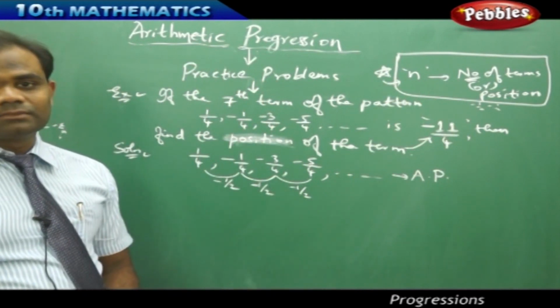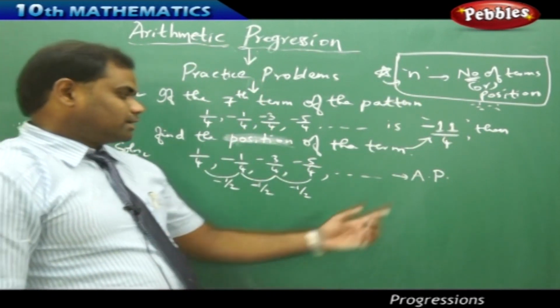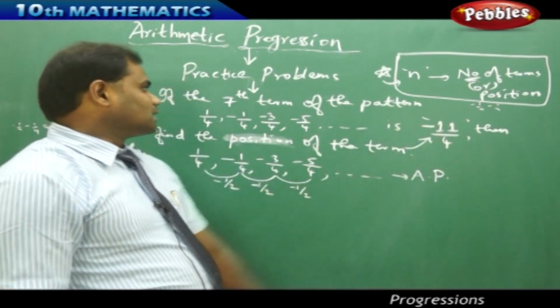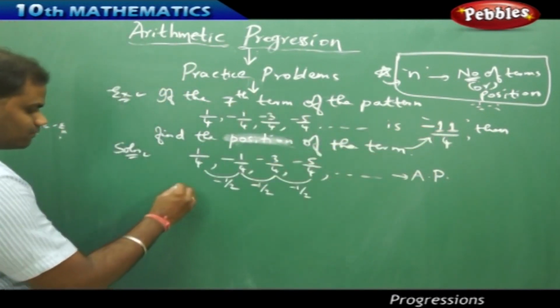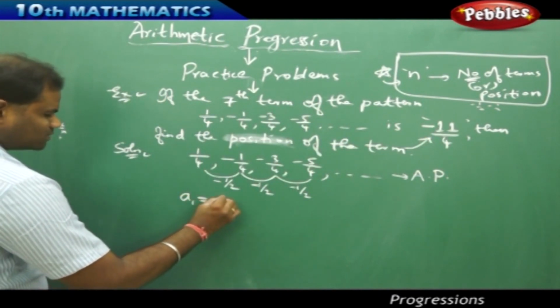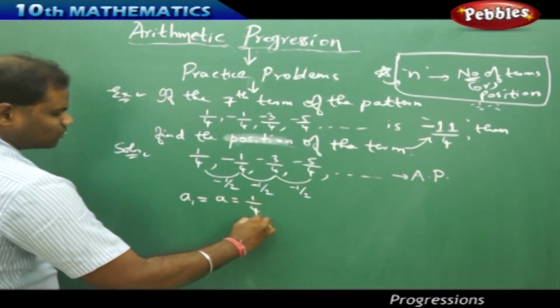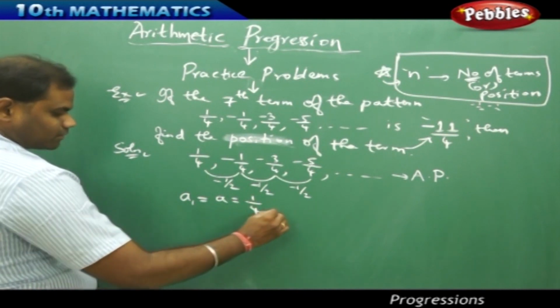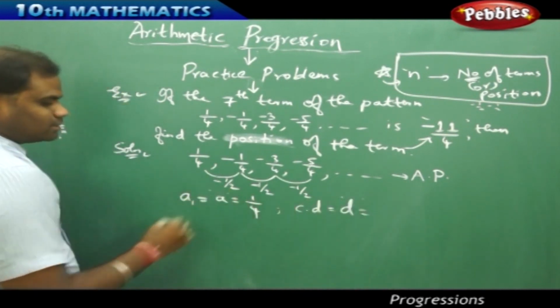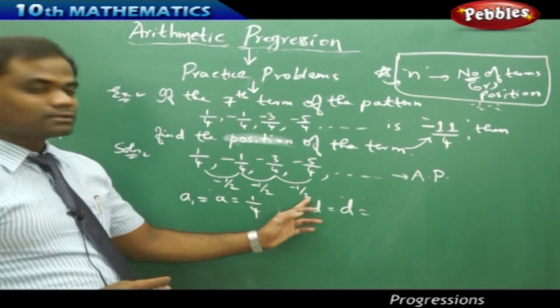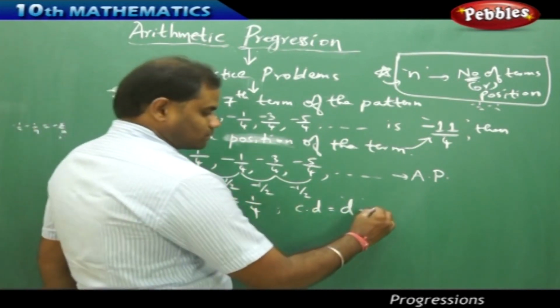difference is the same. Now, when it's an arithmetic progression, it is given that the seventh term of the pattern is this, but before this, my first term a1, denoted by a, is 1 over 4, and my common difference, denoted by d, is the fixed term, which is minus 1 over 2.